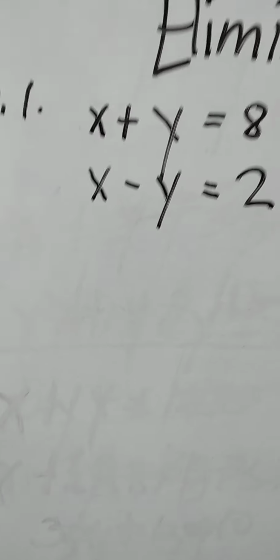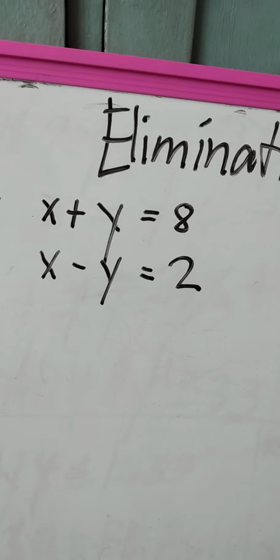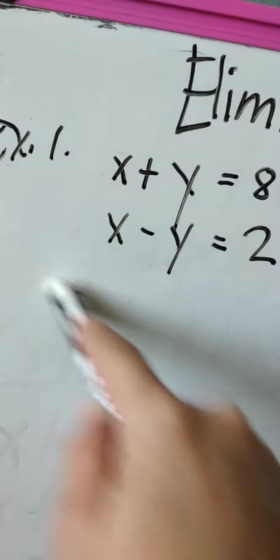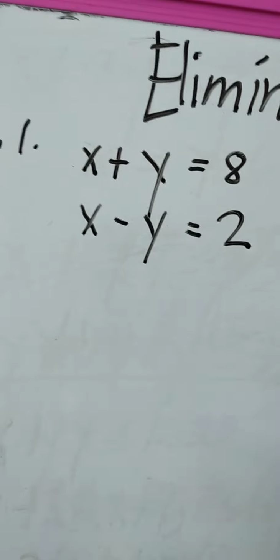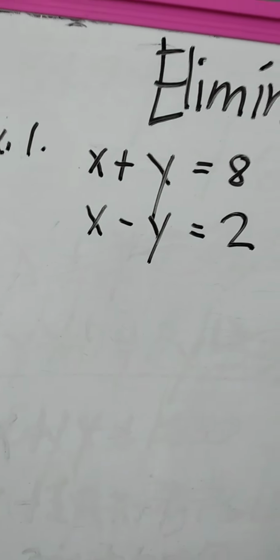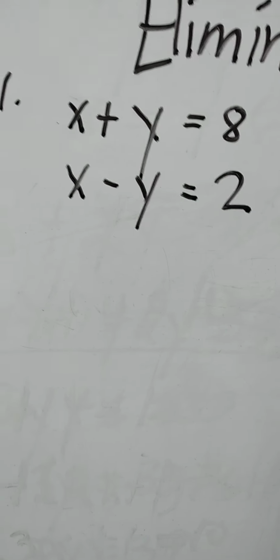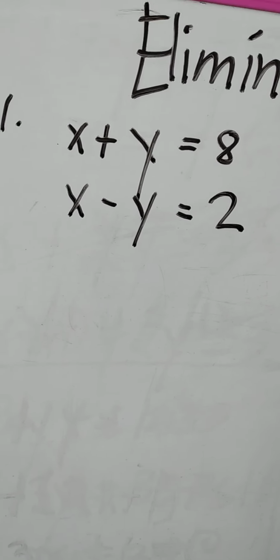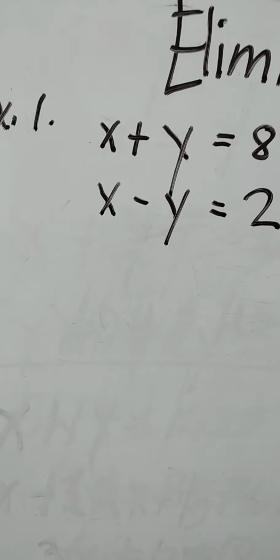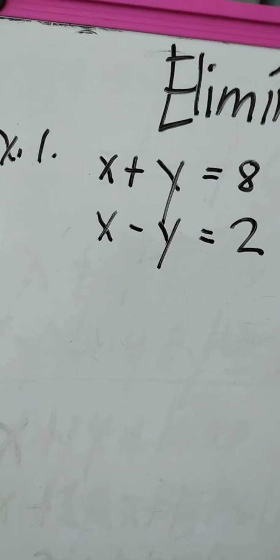So remember, when we do the elimination method, we either add these two equations or we subtract them. If you have additive inverses, then go for addition, because once you add them, those additive inverses will become 0.